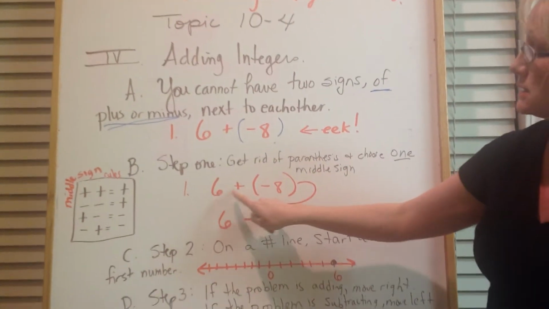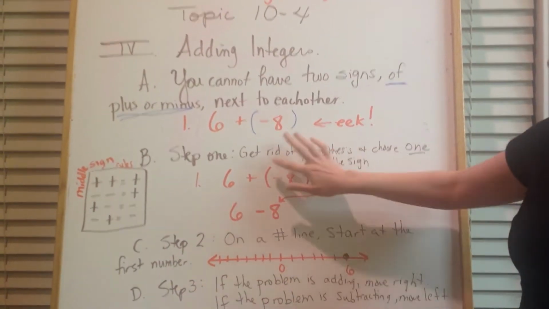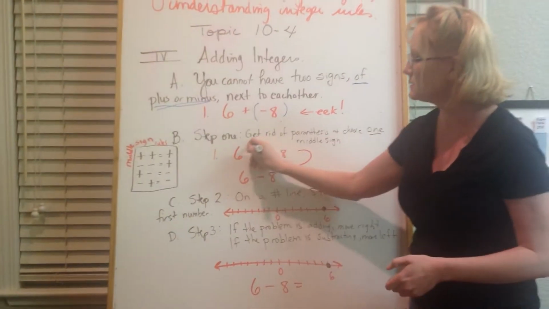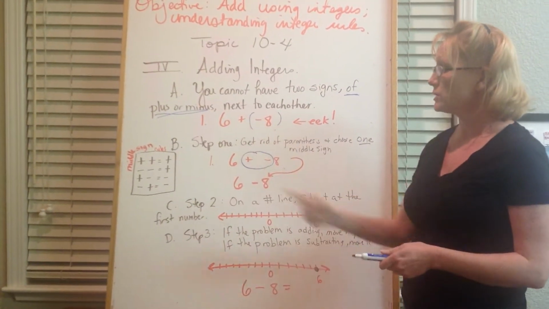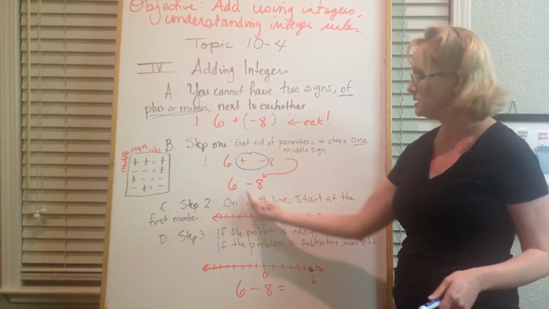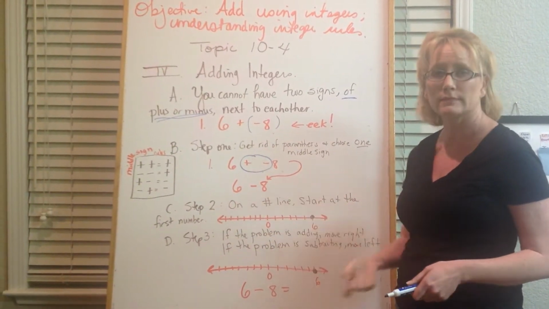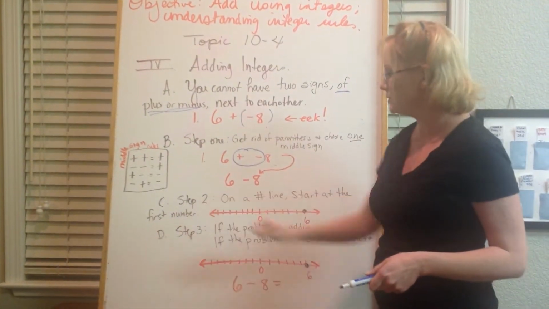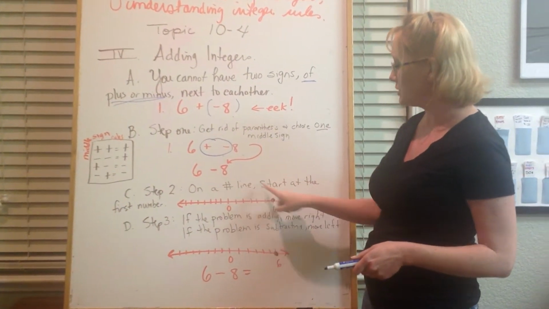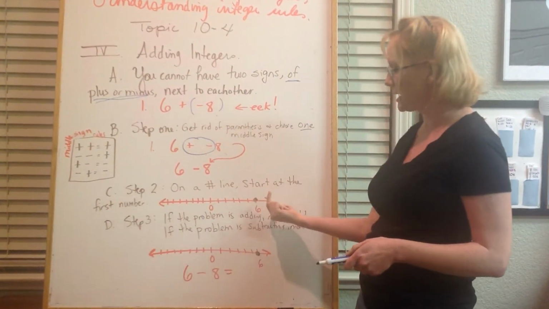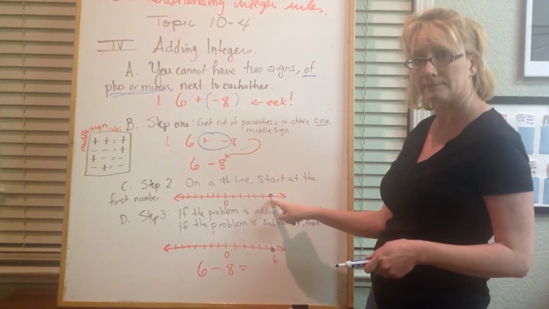So we have 6 plus parentheses negative 8, so we got rid of our parentheses. And we looked, and we have a plus and a minus, so our signs don't match. That means we need to turn it into a minus: 6 minus 8. That's our first step. Step number 2 is, on a number line, you're going to start at the first number. Our first number is 6, so I drew a number line and I start at the 6.